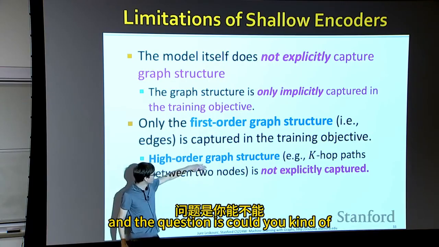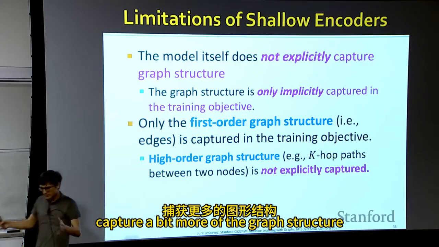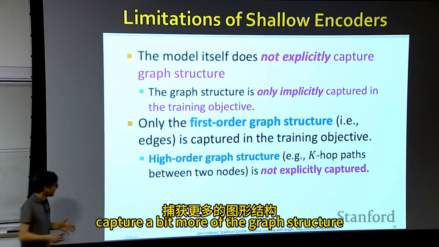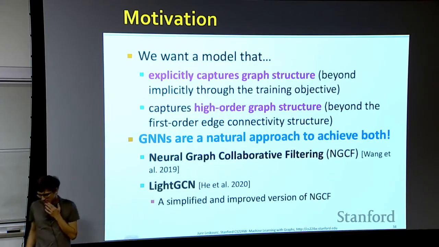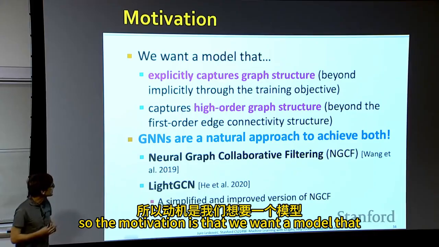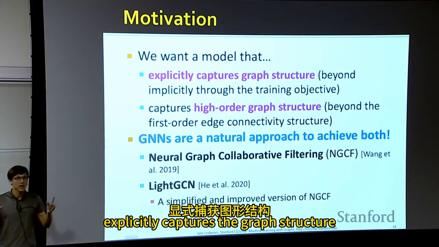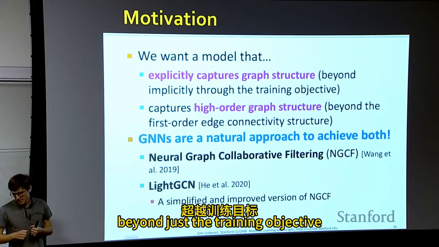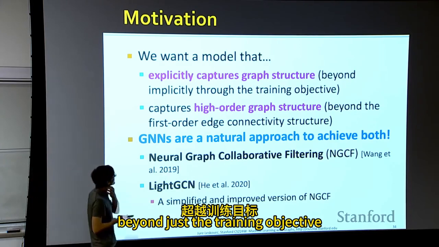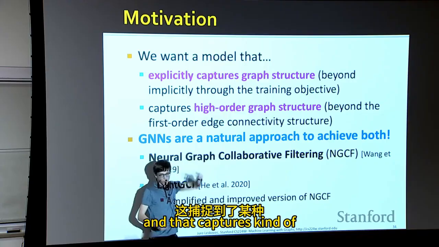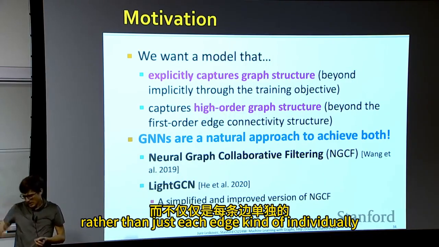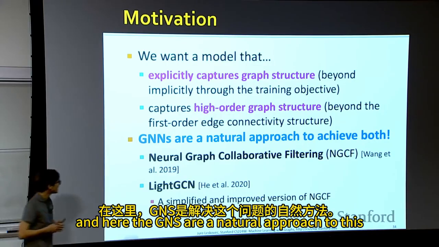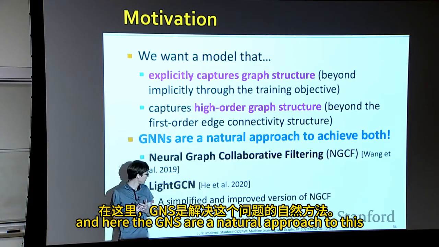And the question is, could you capture a bit more of the graph structure explicitly, beyond just individual edges? So the motivation is that we want a model that explicitly captures the graph structure beyond just the training objective, and that captures a bigger region of the graph rather than just each edge individually. And here GNNs are a natural approach.